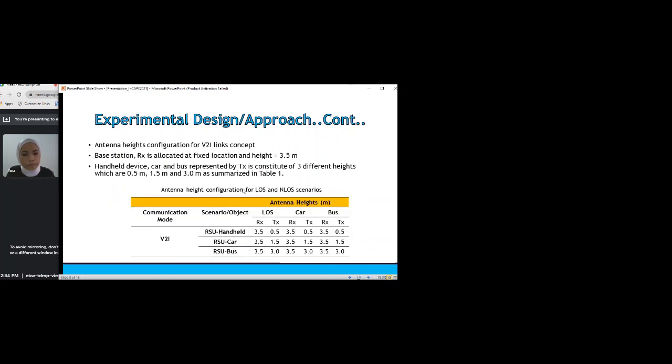For the antenna height configuration of transmitter and receiver, we make it simple. We have three different transmitter heights, 0.5, 1.5 and 3.0 meter, which represent the handheld device, car and bus heights. And the base station is fixed at 3.5 meter.